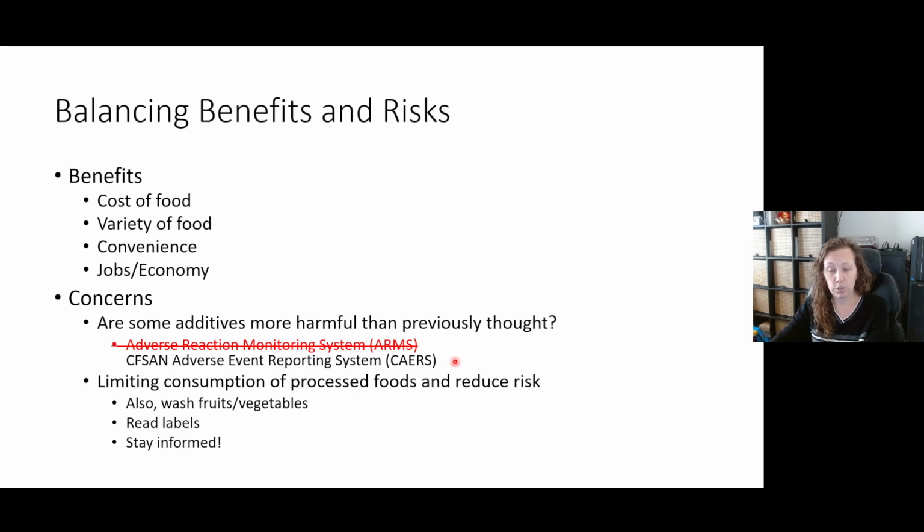After FDA approval, the manufacturer is responsible for adding that additive at safe levels. And then you, the consumer, are responsible for being informed and understanding what the additives are and knowing what you do and do not want to put in your body. So everyone is responsible for safe food.